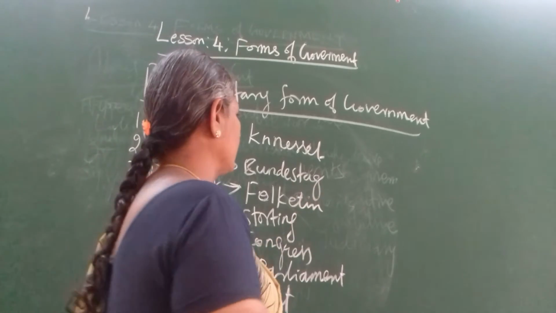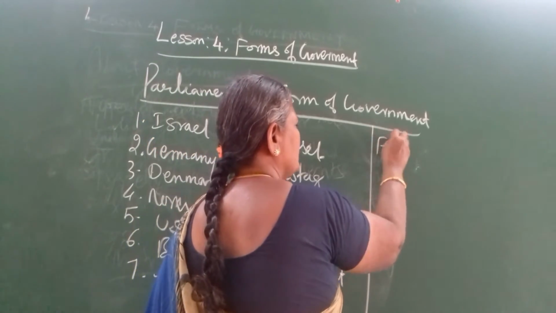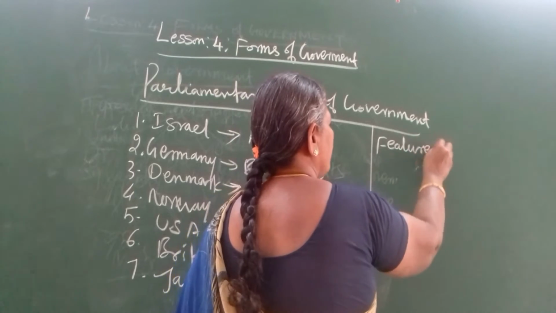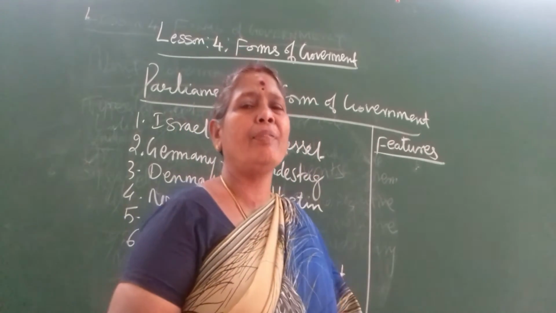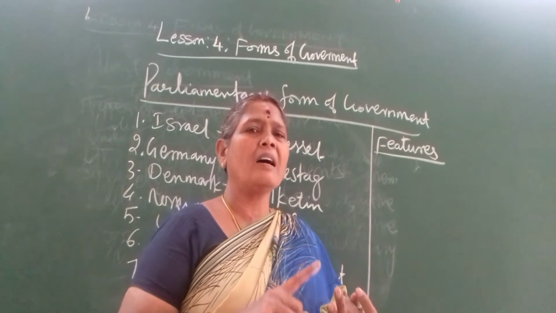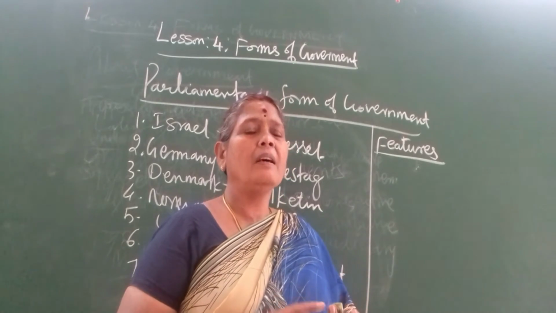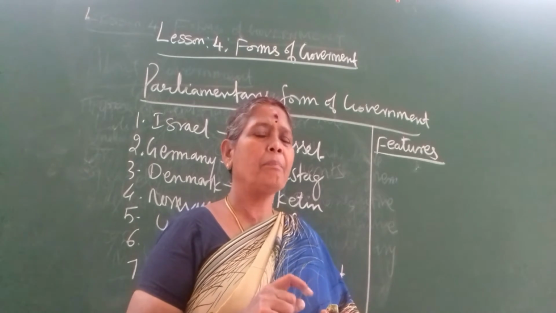Next, children, we are going to see the common features of the parliamentary form of government. Number one, nominal and real membership: the members are elected by the people.